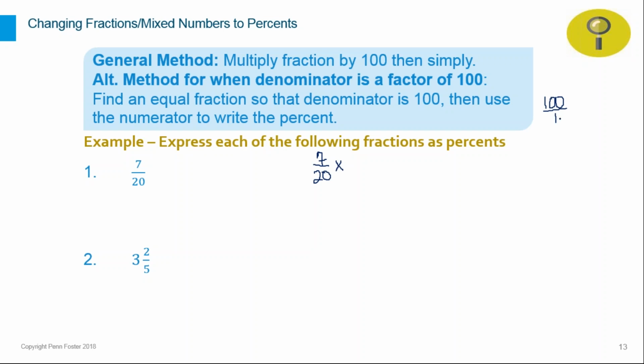So now 100 over 1 is still equivalent to 100, but has the fraction form, which means I need to multiply the fraction 7 over 20 times 100 over 1. That is essentially equivalent to multiplying this fraction times the whole number 100.